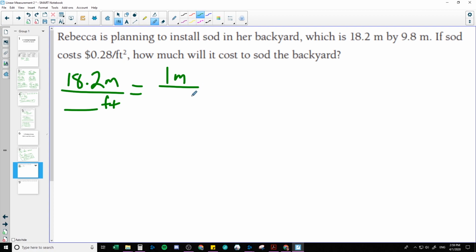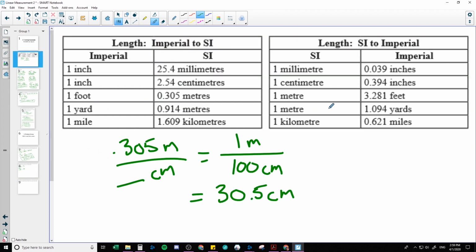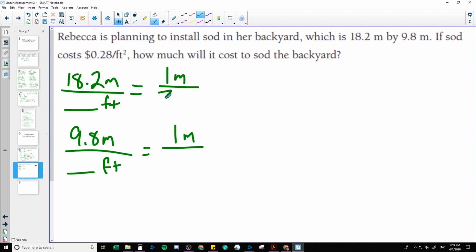1 meter is how many feet? Now we've got to do this twice, so let's just set them both up at the same time. 9.8 meters, how many feet? 1 meter is how many feet? So let's remind ourselves how many feet are in a meter. 3.281. So 3.281 and 3.281 down here.